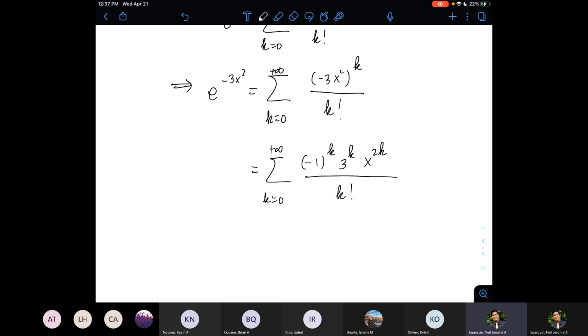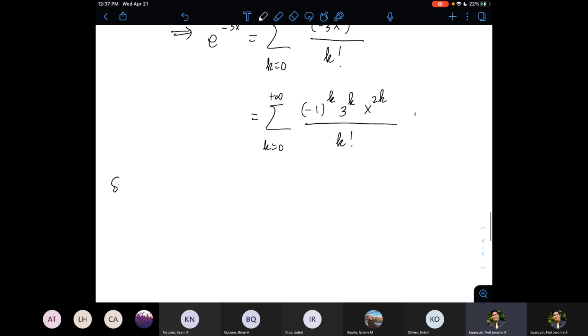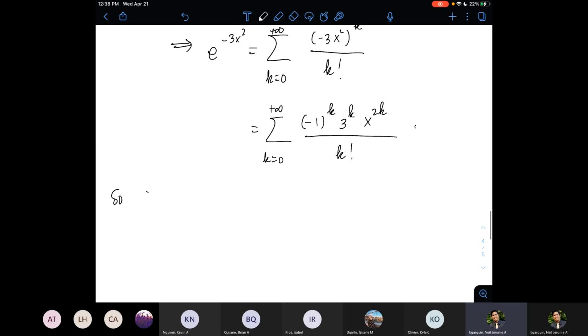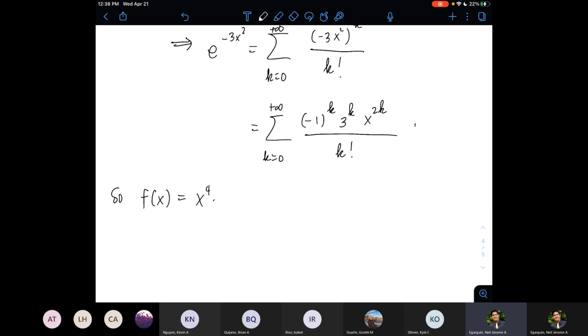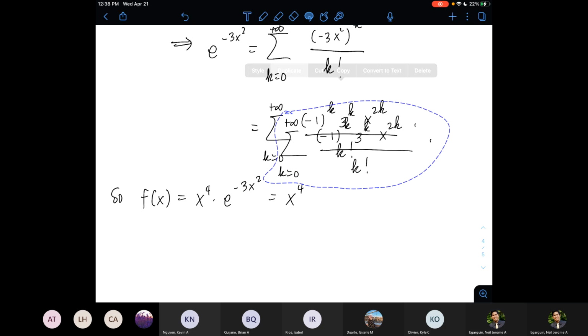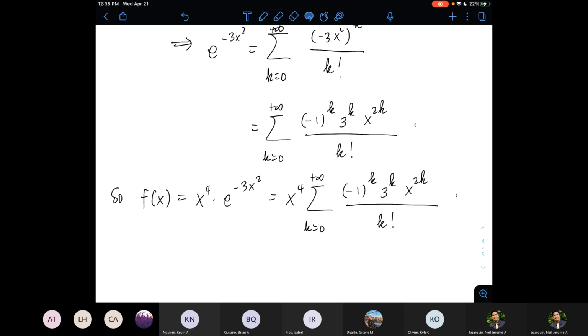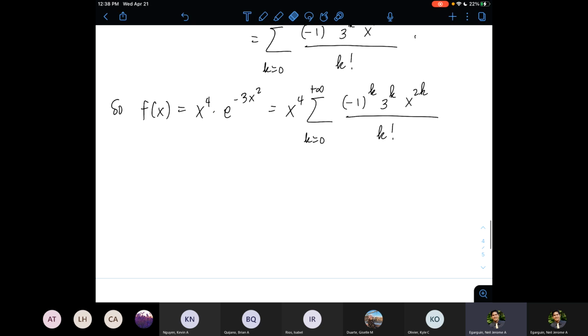All right. So we can use this expansion to get the Taylor series expansion, or the Maclaurin series expansion, for f of x, which is, what was f of x again? It's x to the fourth times e to the minus 3x squared. So basically x to the fourth can remain there, and then times, instead of this guy, I'll use its series expansion. And I'll just need to multiply them over, right?